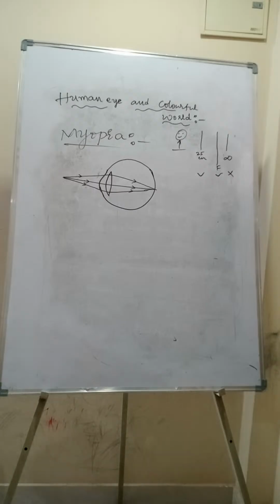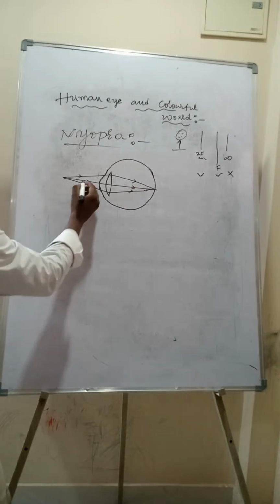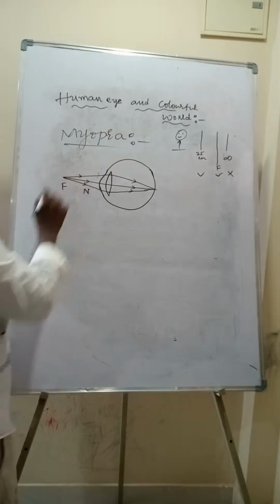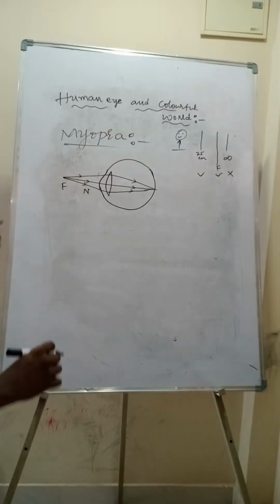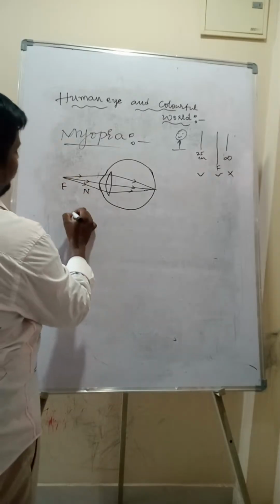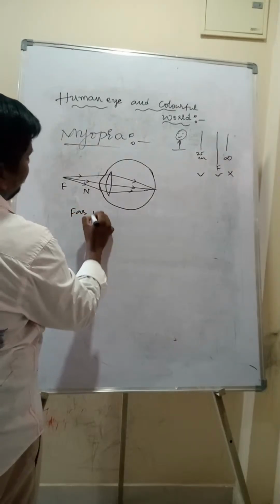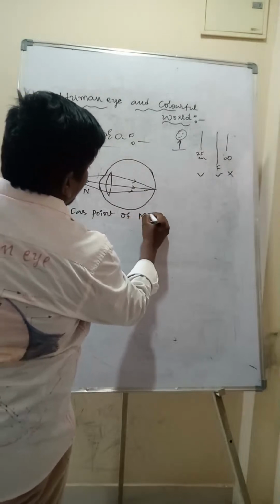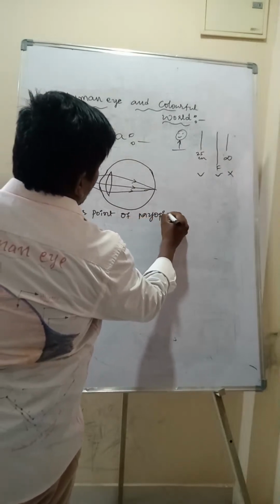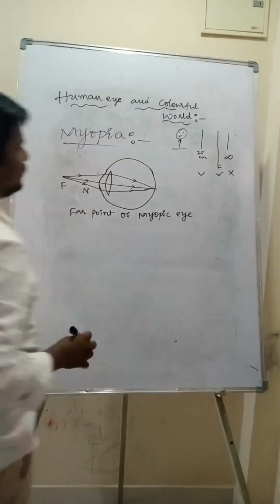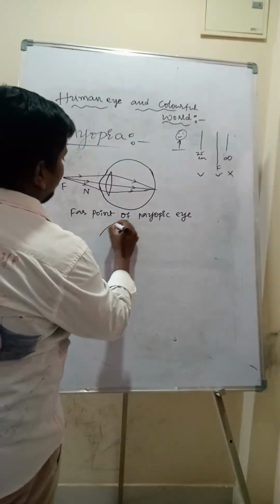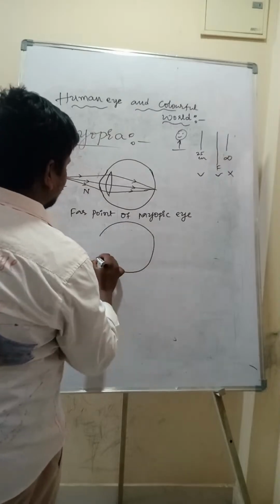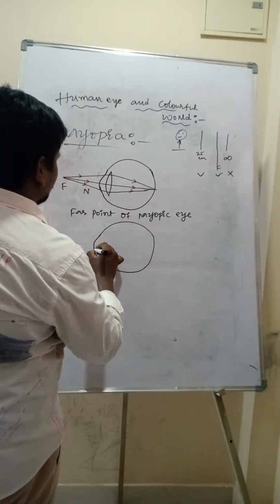Now you can see this is the 25 centimeter near point N, and this is the far point. If the light rays are coming from here, you can see. This is the far point of the myopic eye. And if the light rays are coming from infinity, how will they meet?